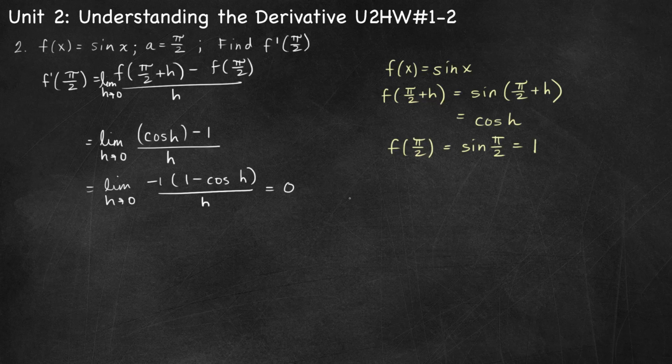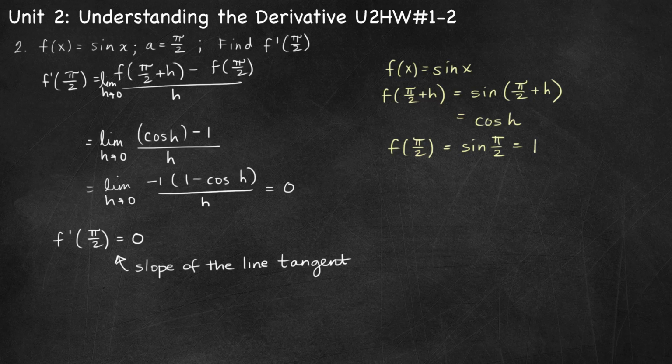This limit is 0. So we have f prime of pi over 2 equals 0, which tells us the slope of the curve, or the slope of the line tangent to f of x at x equals pi over 2 is 0.